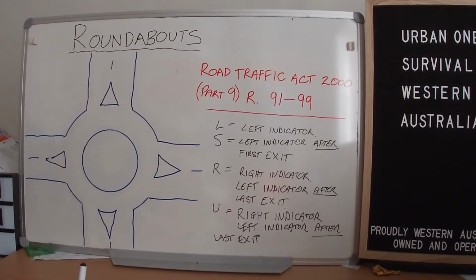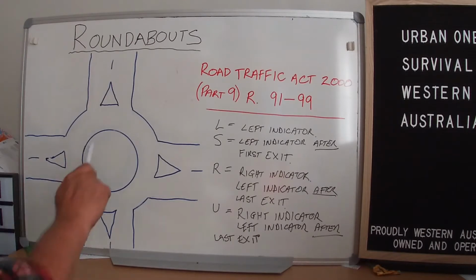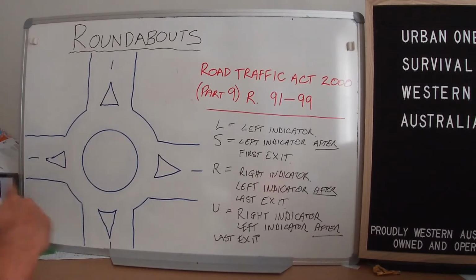Almost all Western Australians don't understand the indicating process on a roundabout, whether it be from ignorance or probably from laziness. But generally, that is how you use a roundabout.